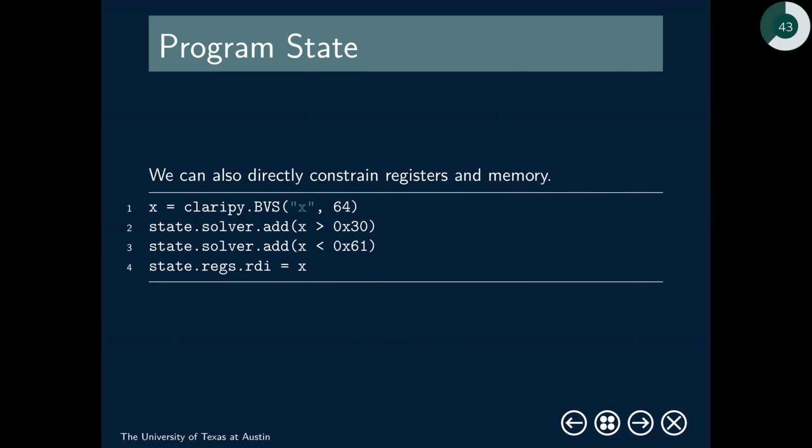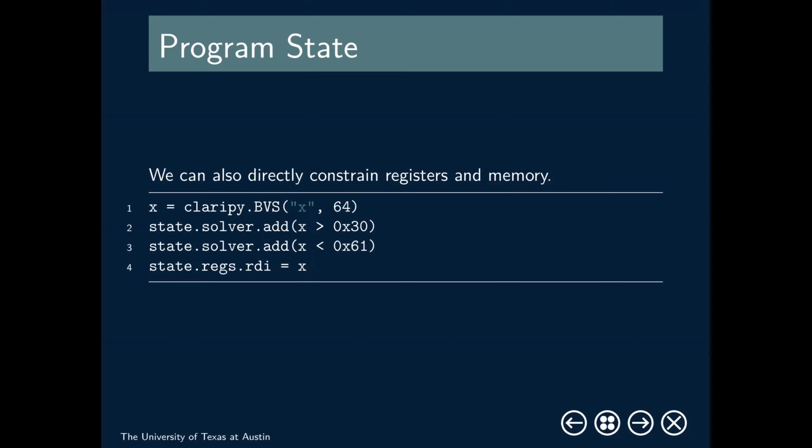So here's an example. This is going back to the previous example, but instead of just evaluating x, I constrain RDI to be x.